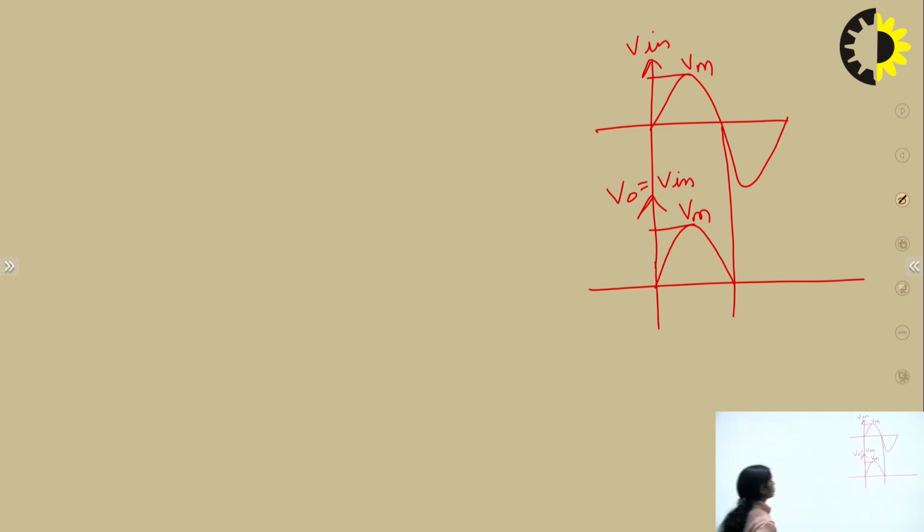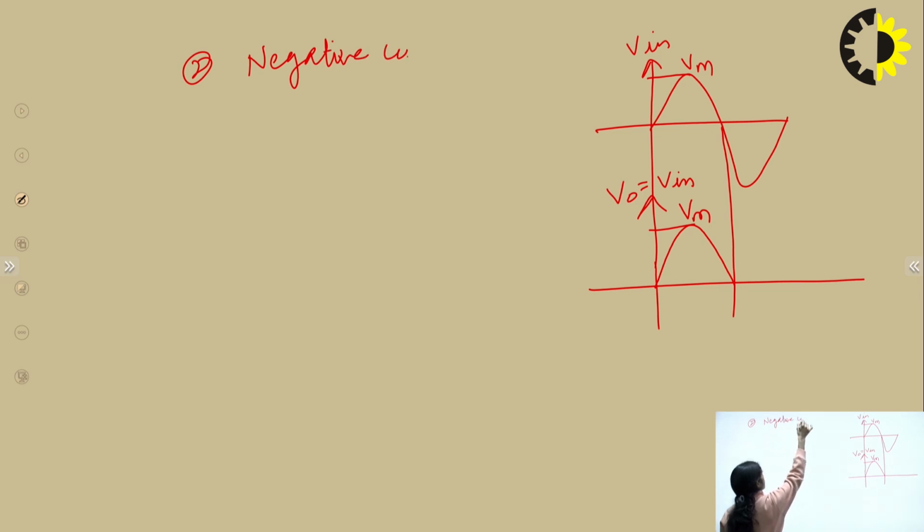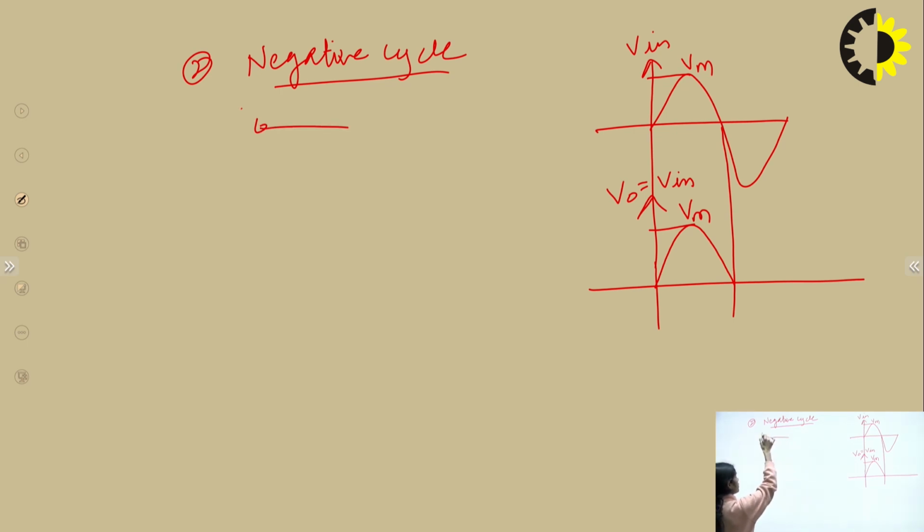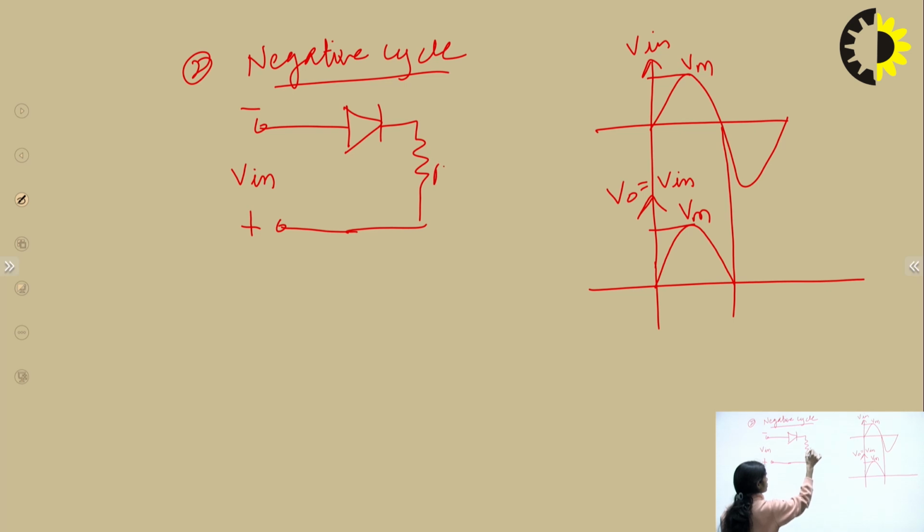Now come to the next cycle, the negative cycle. For the negative cycle, this end will become negative and this end will become positive. V in is appearing here, and this is the diode and this is the resistance. Now what will happen in this case?